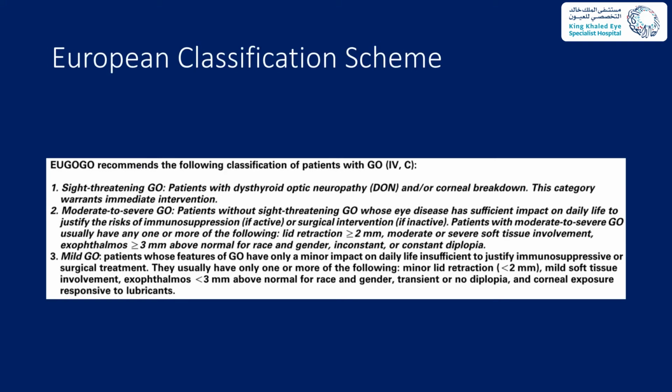The 2nd stage is moderate to severe, where there's no sight-threatening problem, but there is a significant impact on the daily life of the patient, such as diplopia. And then the last category is mild thyroid eye disease. These patients have very mild problems, which have only a minor impact on their activities of daily living.